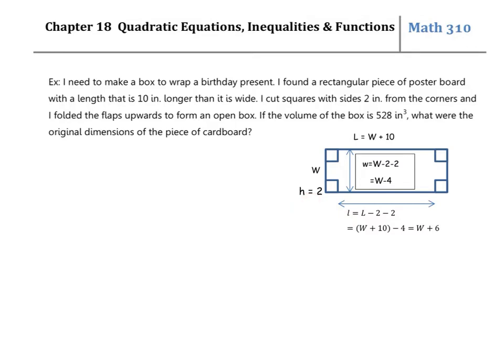The volume of a box is volume equals length times width times height. And we know that the length of our box is going to be, if we look over here, the big length minus 4, which works out to be W plus 6. And then our width, our little w in here, we found is our big W minus 4.